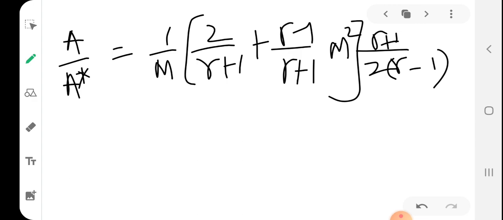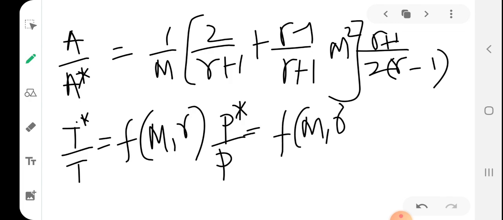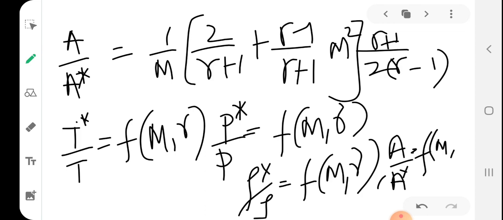Students, the main point you have to understand is that T star by T is a function of Mach number and gamma only. Similarly, P star by P is a function of Mach number and gamma. Rho star by rho is a function of Mach number and gamma. And A by A star is also a function of Mach number and gamma.